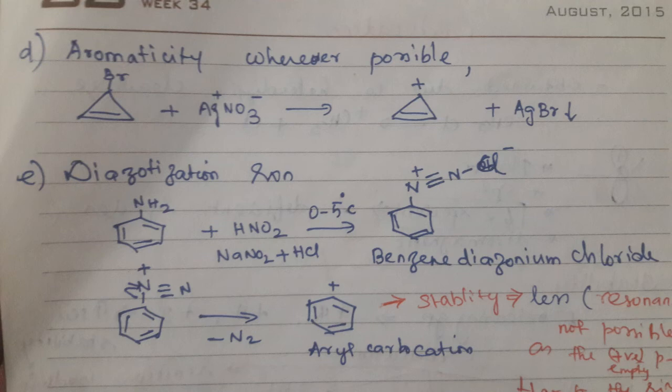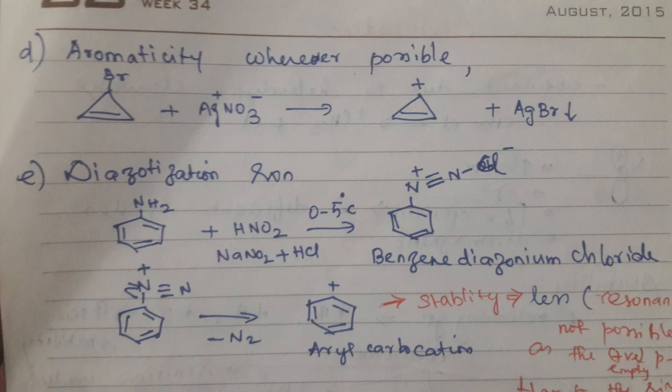Another example is the diazotization reaction. For example, when aniline reacts with nitrous acid, which is produced from a NaNO2 and HCl mixture, it is synthesized in situ, because nitrous acid is unstable at room temperature.